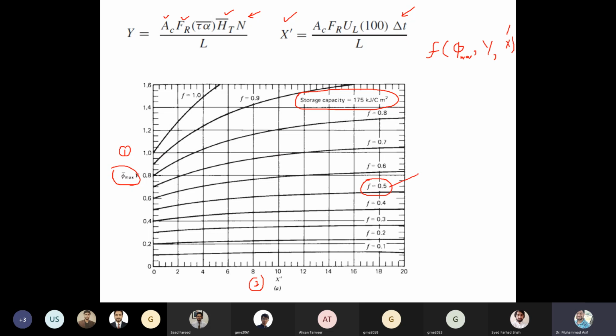That will basically give you the value for one particular month, and you can calculate for all the months by using the same formula, and then finally you can evaluate the performance based on the annual solar load fraction. So this 0.5 is basically representing that out of your total load, 50% of the load is compensated by that installed solar heating system.